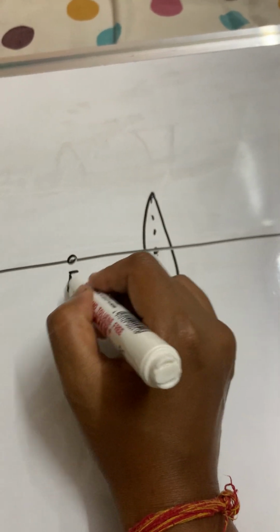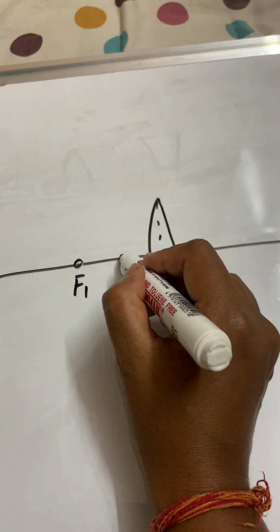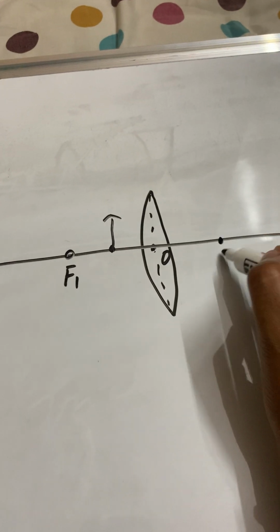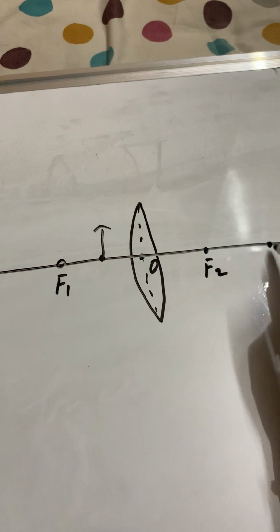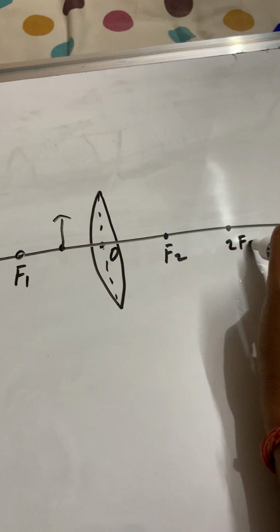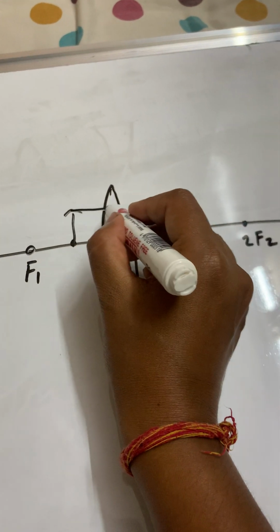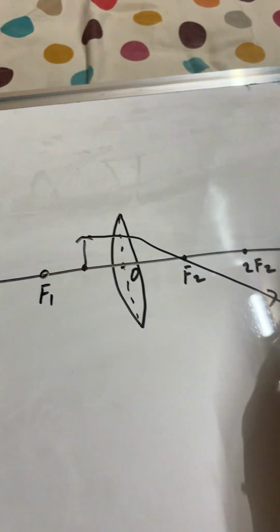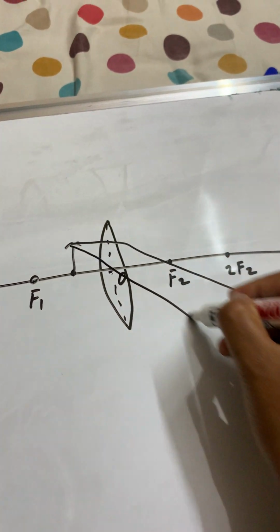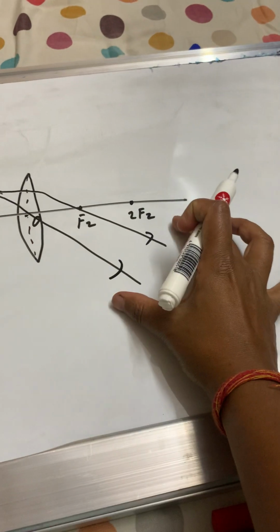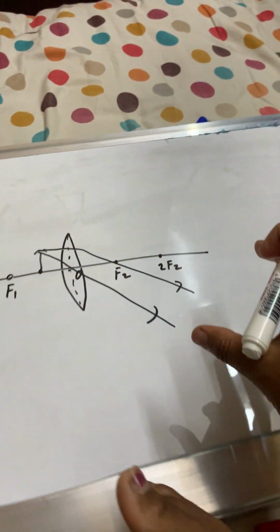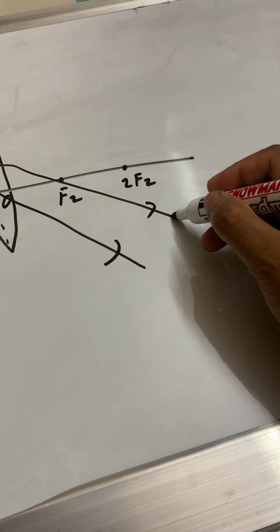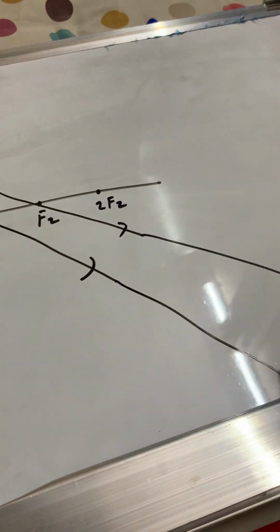This is where F1 and this is O, right? Now here the object is, let's say, this is F2 and this is 2F2. Now it should pass through the focus, right? Now the ray through the optic center passes. So they are moving away, right? As they are moving away, if you produce them further, they will be going apart.